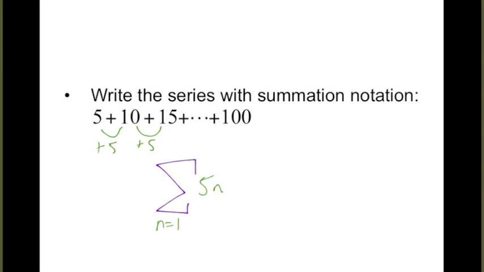So what would we plug in that would give us 100 as an answer? 20. If I plug in a 20 for n, that would give me 100 as an answer. So 20 goes on the top of this thing. Okay. The bottom number tells us the first thing we plug in, so what should give us the first thing in the list. The top number tells us what to plug in to get the last thing in the list.